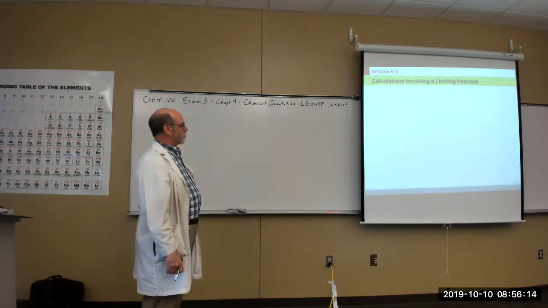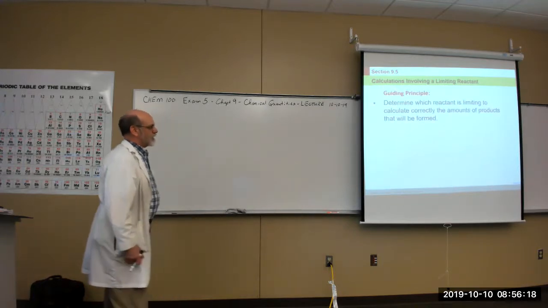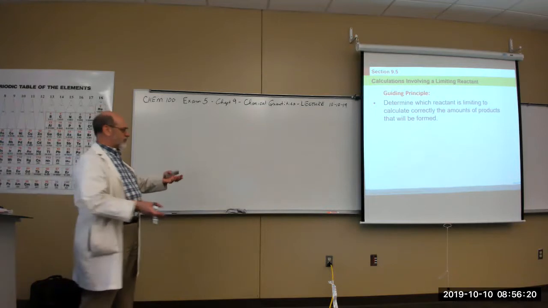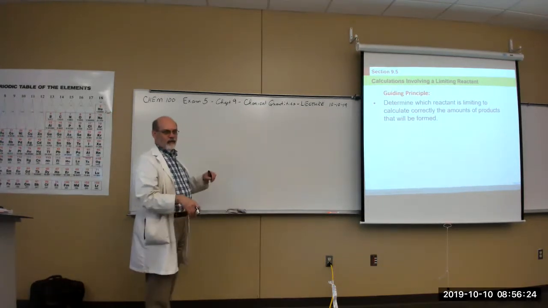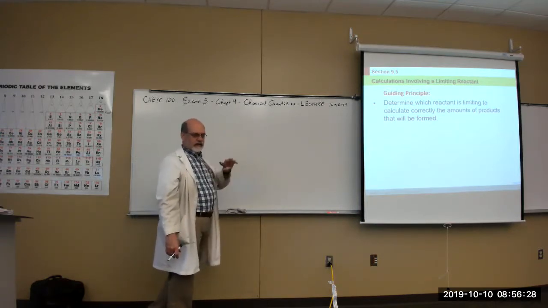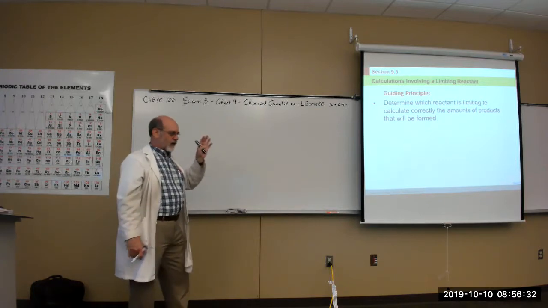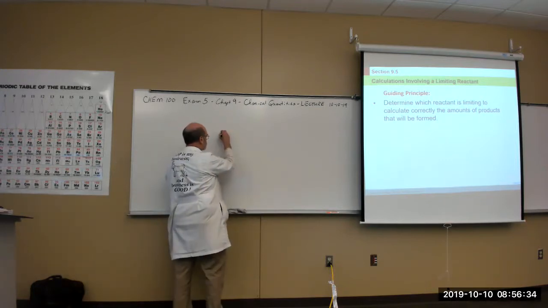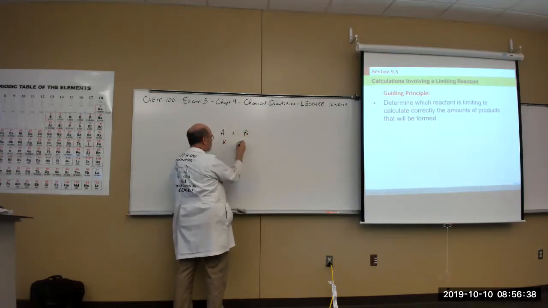left. Okay, so how do we do calculations? Well, as usual, you need the balanced equation. Then you need to know how much of each reactant is given. And here's a clue. If you're given a word problem and it says so many grams of A are reacted with so many grams of B, right?